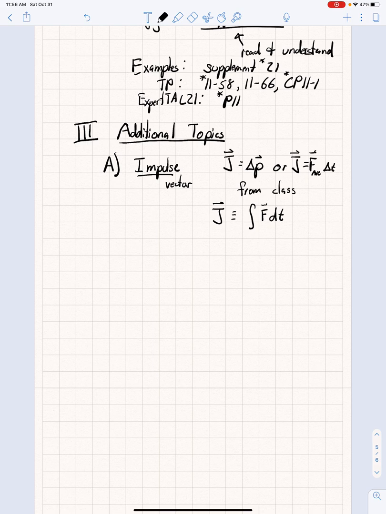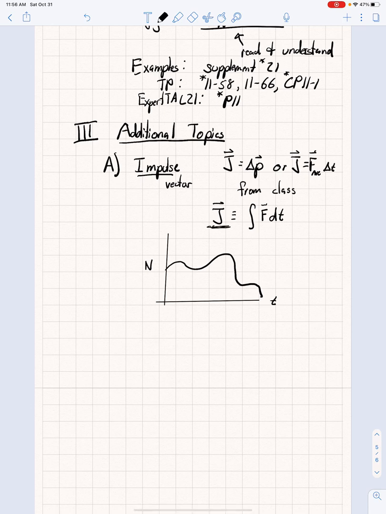And how do I do that? Well, typically, I'm going to give you a plot that shows some force over time, so this will be measured in newtons, and I get some force as it changes over time.